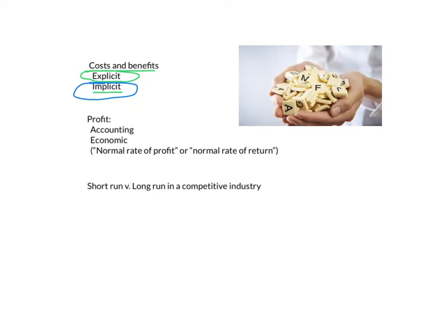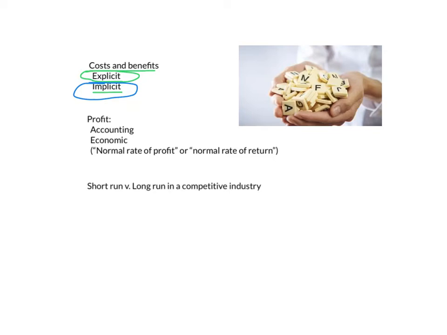So the easiest one, or the most common one as we think about decision making, is say the foregone salary of somebody that leaves their job to start a business and then doesn't pay themselves a salary explicitly. They ought to, I think, pay themselves a salary explicitly, but oftentimes they don't. So the implicit cost would be something real, a cost you incurred, but that doesn't involve money changing hands.